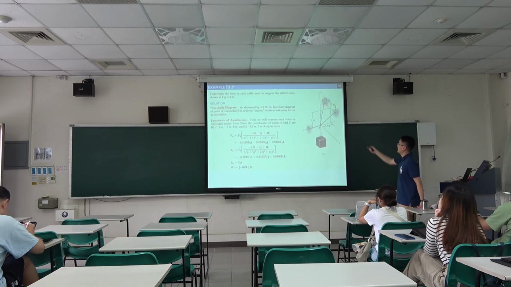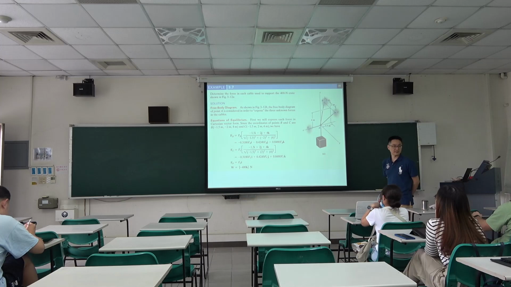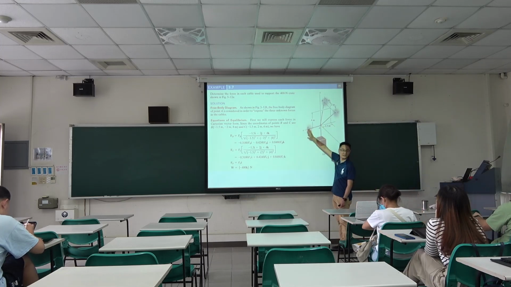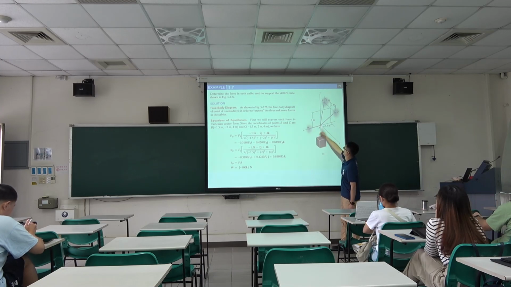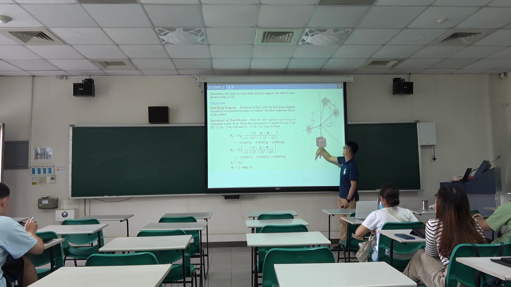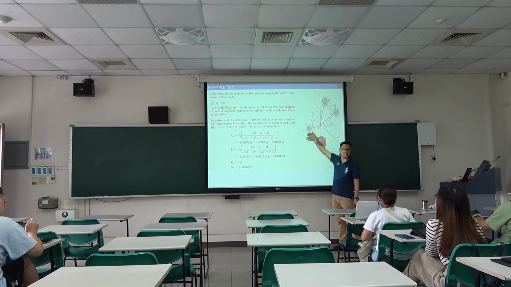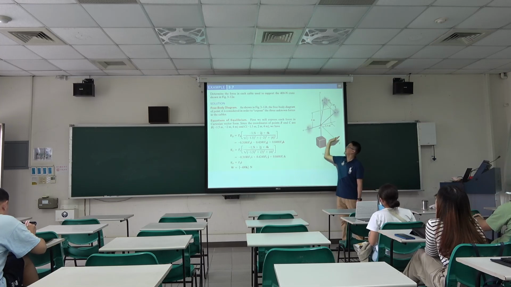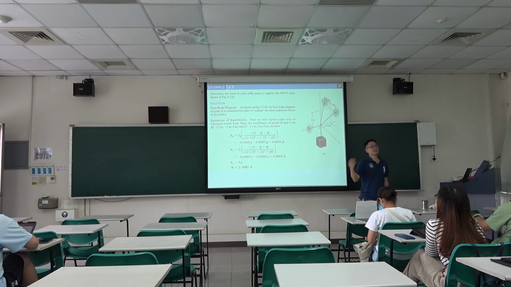But here, from our observation, this system is a symmetric system. The symmetric plane is along the x-axis. The symmetric plane is the YZ plane. No, not YZ, the XZ plane. So negative y and positive y, this system is the same.